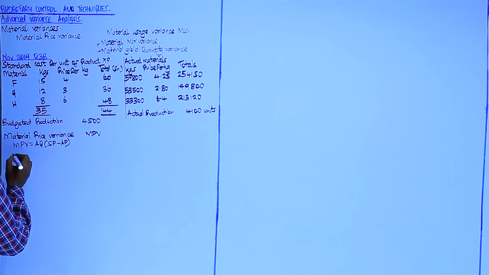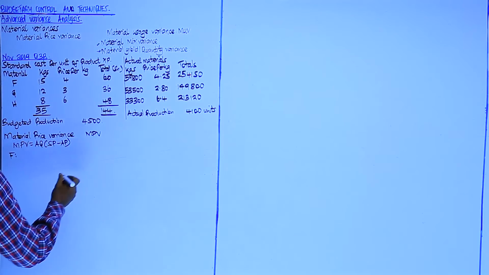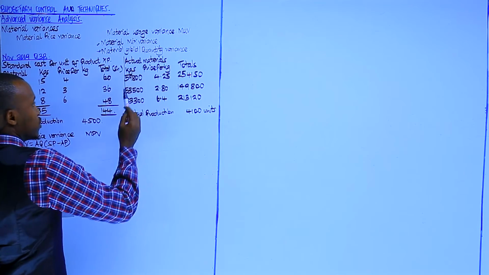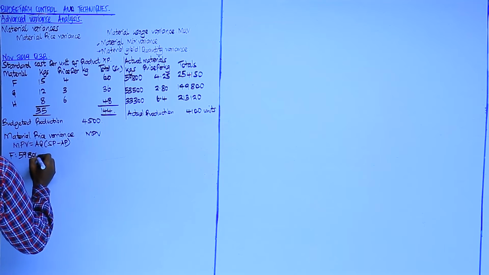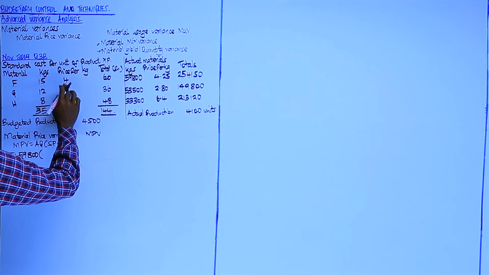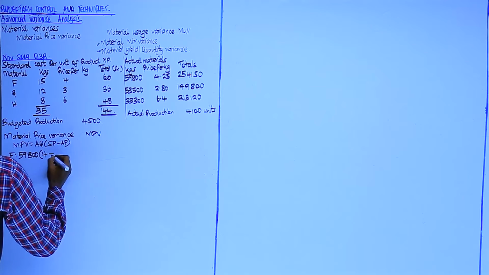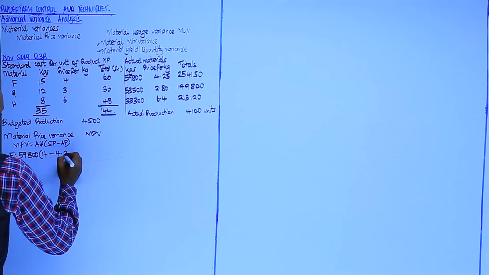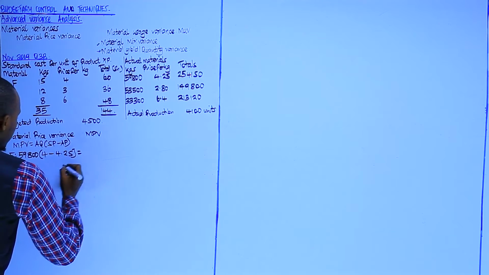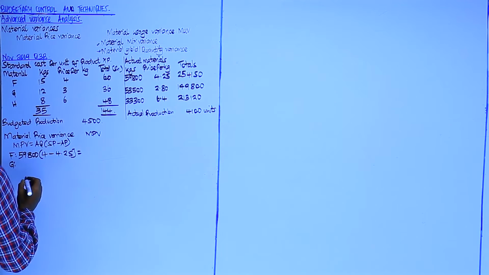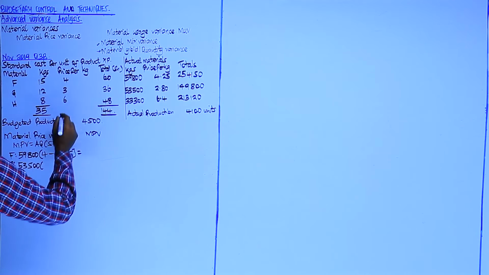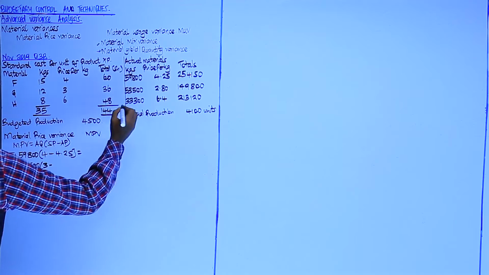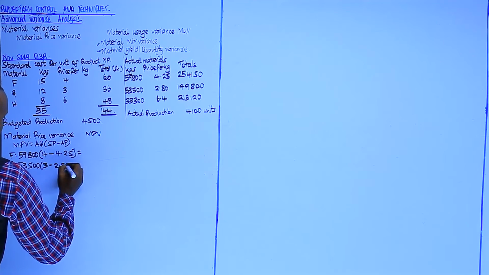For F, your actual quantity purchased is 59,800, your standard price per kg is 4, minus an actual price of 4.25. For G, actual quantity 53,500, standard price per kg is 3, actual price is 2.80.